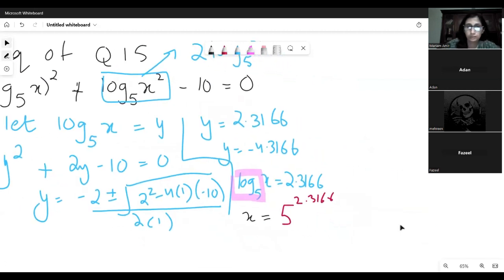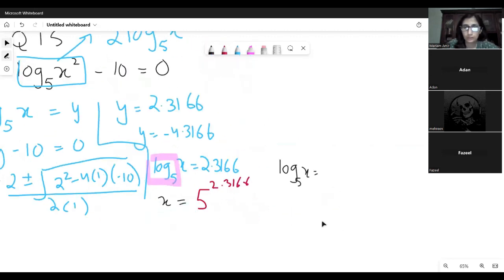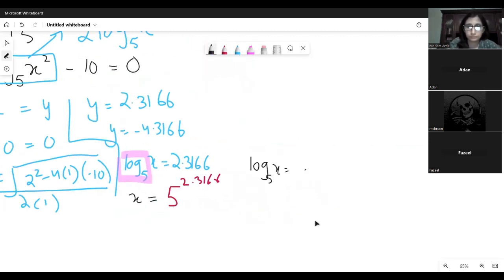And for the other one, we have log 5 x equals minus 4.3166, and then again log 5 goes to the other side, it becomes 5 power minus 4.3166.